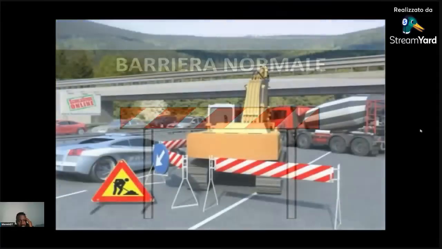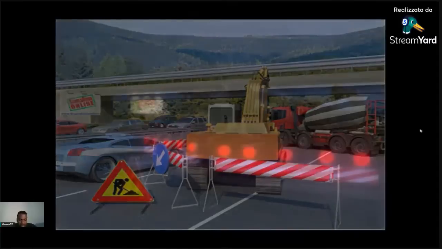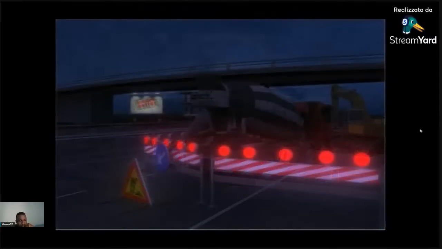Barriera normale, which is a normal barrier, and it is being used to delimit or to limit an area where mechanical vehicles, autobetoniera, could be parked, so that other vehicles do not circulate around that area by any means, because it is a prohibited area. Now, in the night, they can add segnale luminoso.